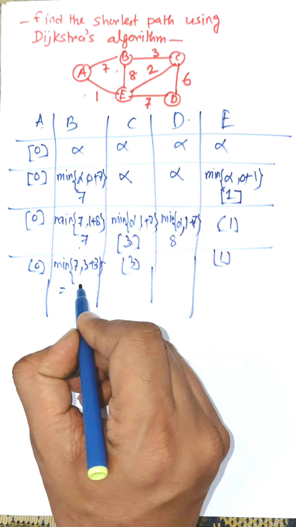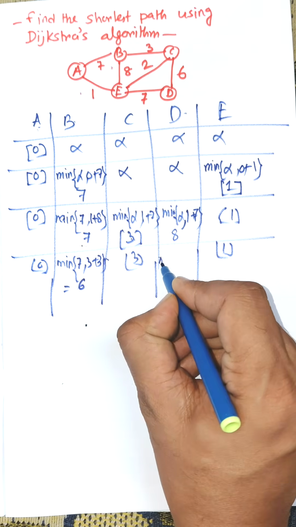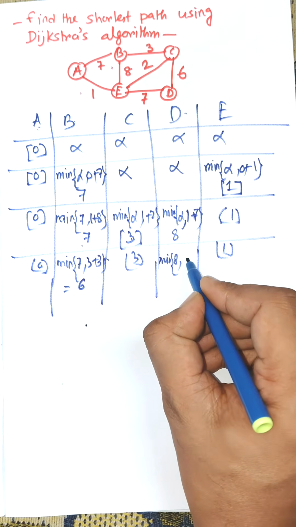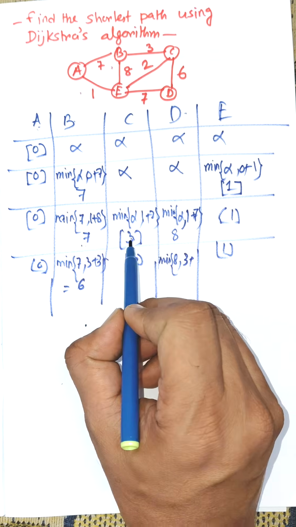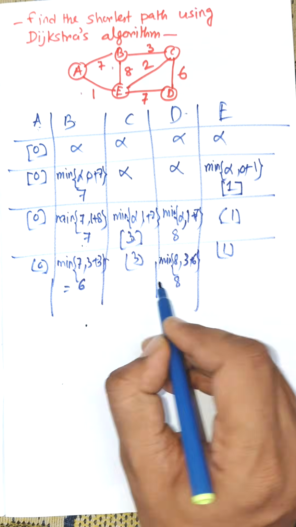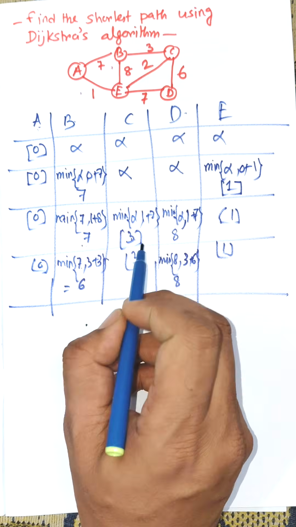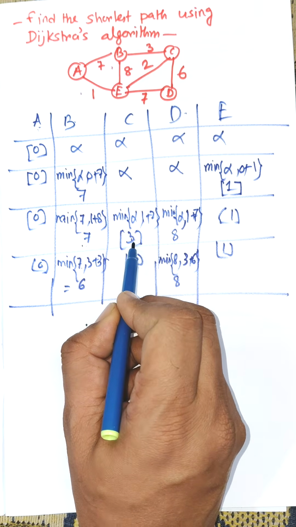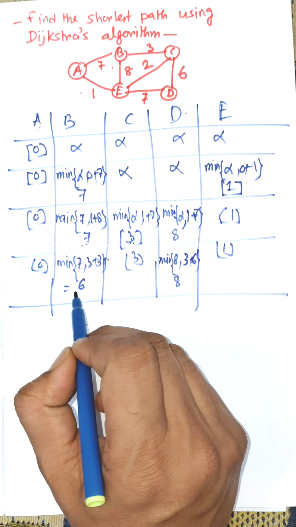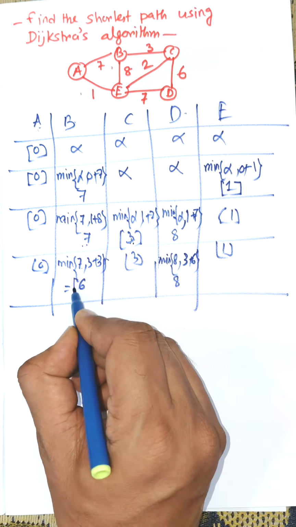Now here the old value is 8, here 3 is the minimum, and distance of C to D is 6, and which is 8. Now here it is 7, and the distance of B to C is 3, that is 3 plus 3 is 6. So distance of minimum is 6. Here minimum is 6.